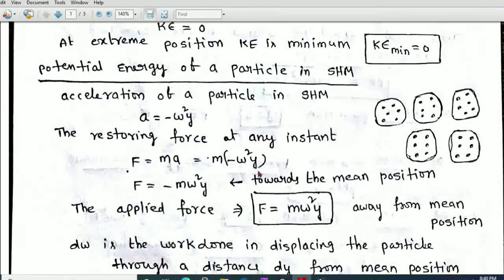Restoring force is always towards the mean position and applied force is away from the mean position, because if you apply some force, the body moves away from the mean position. So the applied force can be taken as F equal to m omega square y, because restoring force is minus m omega square y, and applied force is opposite in direction, so minus of minus m omega square y gives m omega square y. This is the applied force.